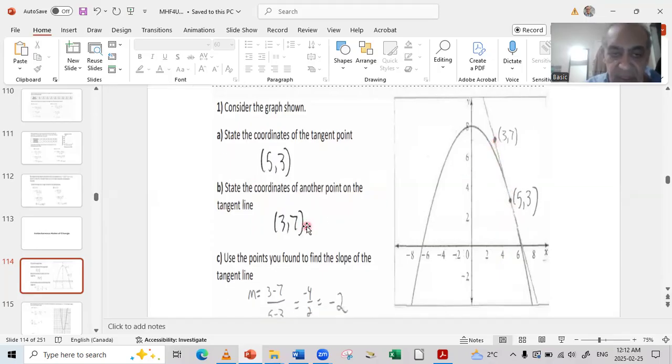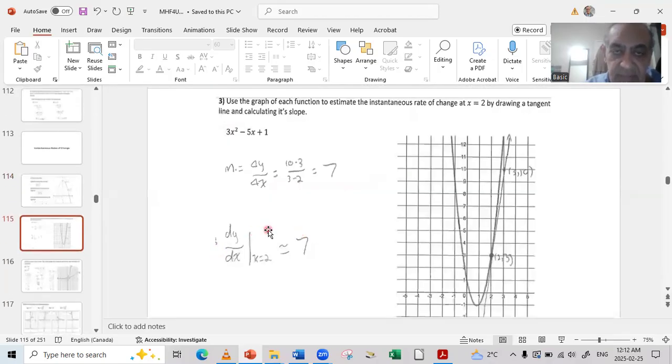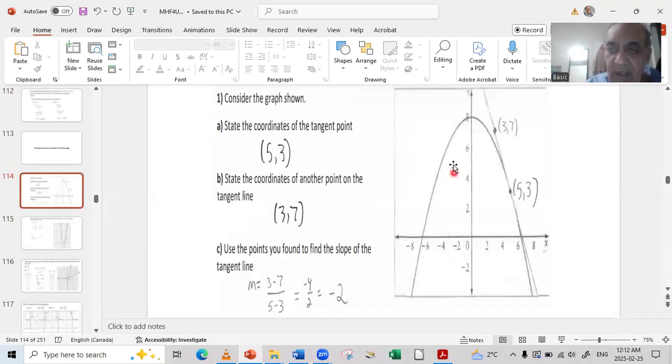That's fine. You take 2 points now. Use the points to find the slope. The slope will be the difference in Y's divided by the difference in X's.